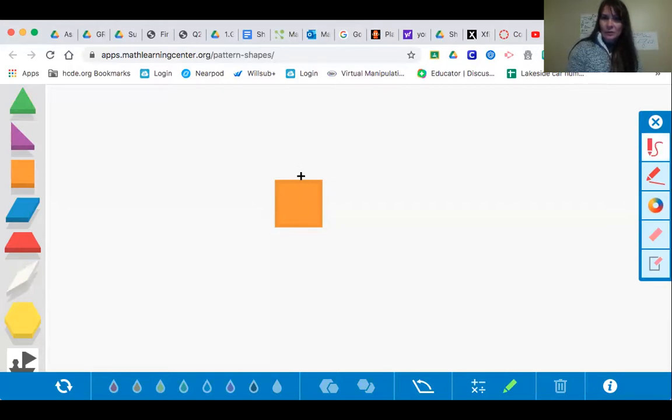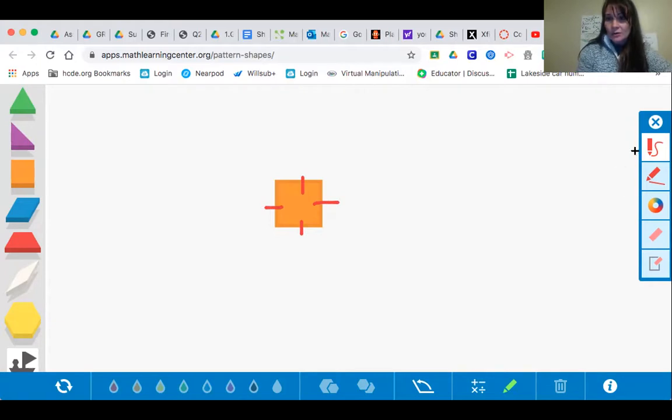It has 1, 2, 3, 4 lines. And the thing that is special about a square is that all of these lines are the same exact size. It has 4 equal lines.